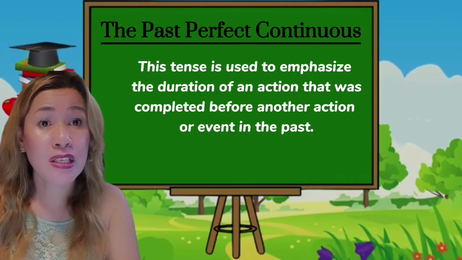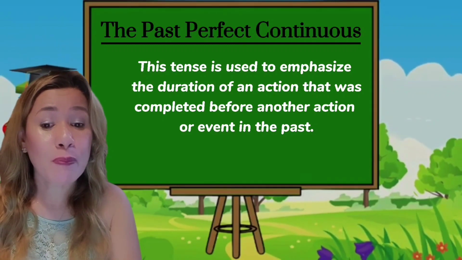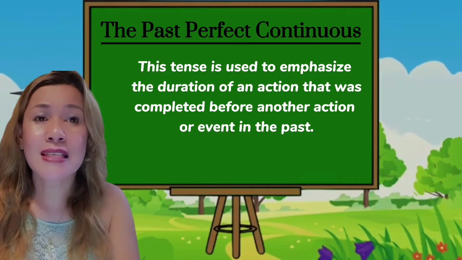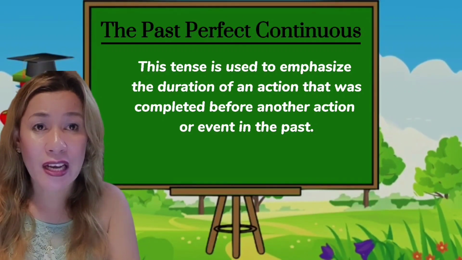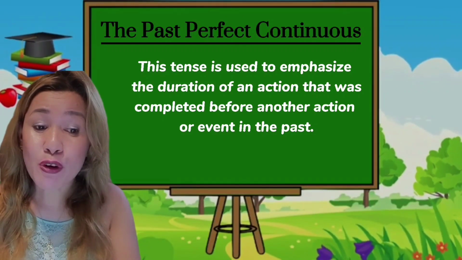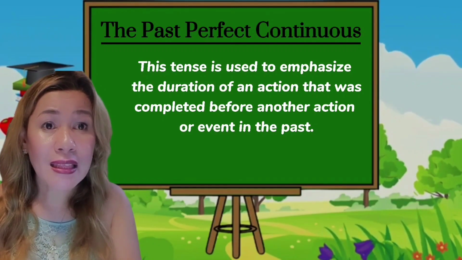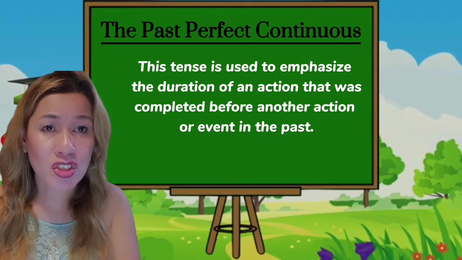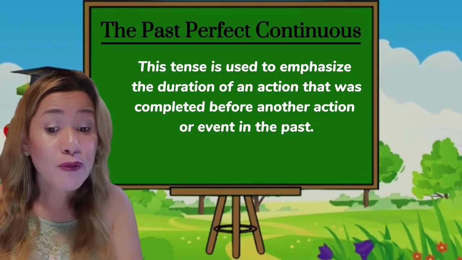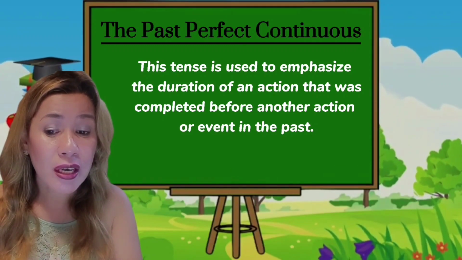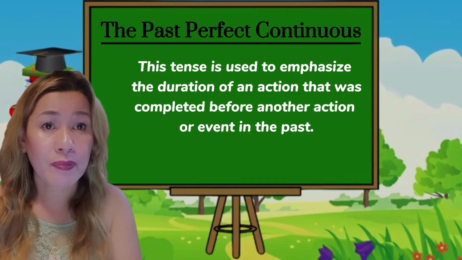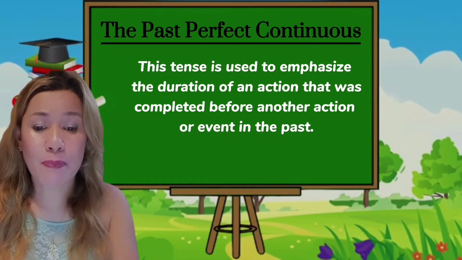So that's how it is for past perfect. For past perfect continuous, it's the same thing. There are two past actions, and the past perfect continuous is used to indicate that of the two past actions, this first past action is occurring before another past action.